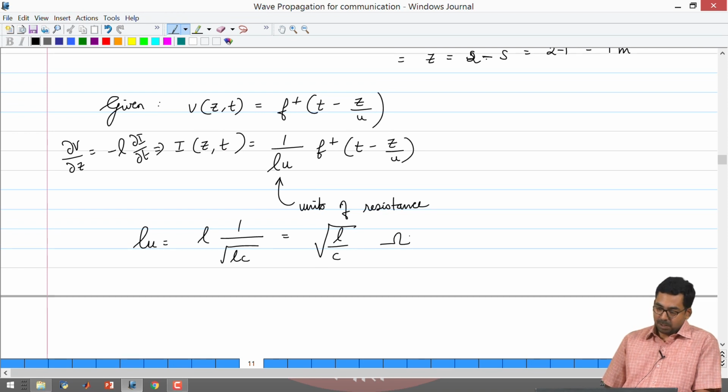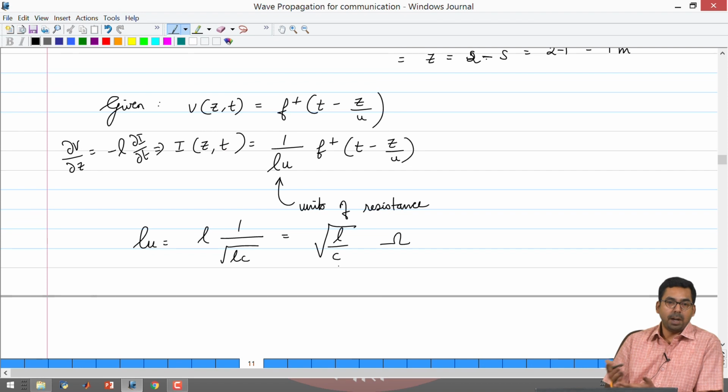Now, if you also have a look at this L u and say that it is the square root of L by c and the unit is ohms, we immediately know that for a given geometry of the transmission line, say if it is a PCB trace with a ground plane at the bottom, or if it is some kind of a 2-wire transmission line, depending on the geometry, you are going to be having some inductance per unit length, some capacitance per unit length.